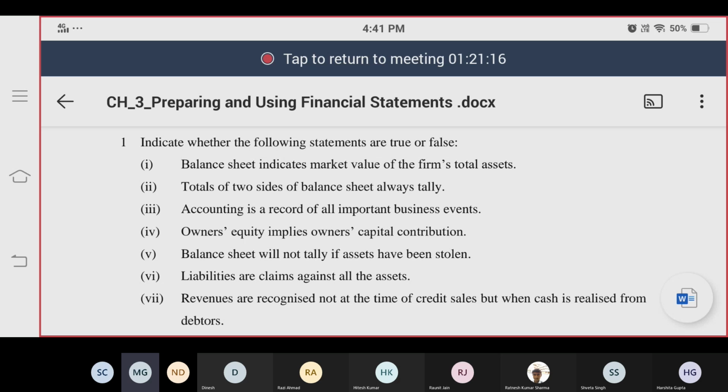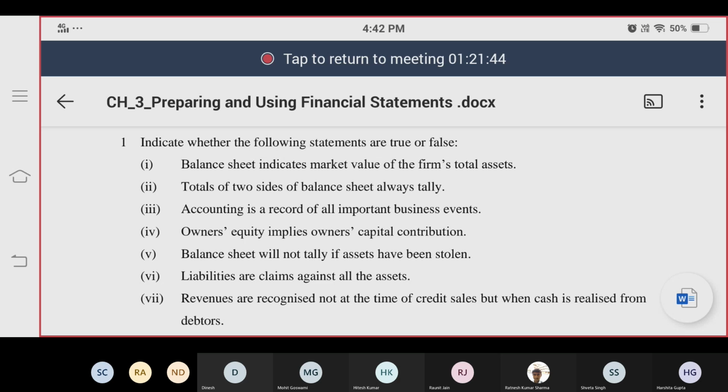Yes, I can hear. Okay, so Mohit, can you tell me whether this statement will be true or false? Liabilities are claims against all the assets? I don't have much clue, ma'am. Okay, let me give you an example because two people are struggling with this. Liabilities are basically the people who have given us the sources of finance.